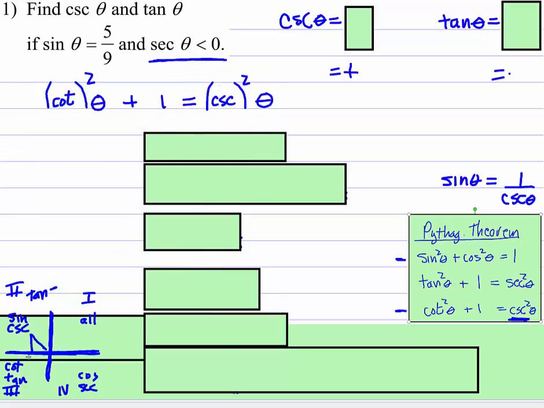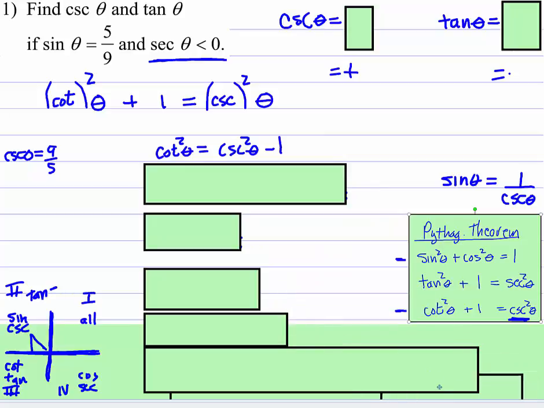So I went ahead and set up the Pythagorean theorem: cotangent squared plus 1 equals cosecant squared theta. And remember, cosecant is the flip of sine, so cosecant theta is equal to 9 over 5. So we'll plug that into the parentheses.